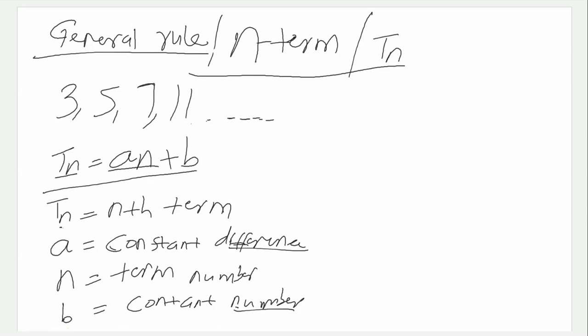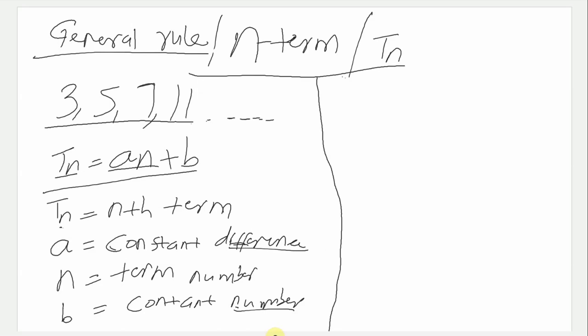So let's see how this works using this example over here. I'm just going to draw a line over here. I want to find the general rule for this number pattern.